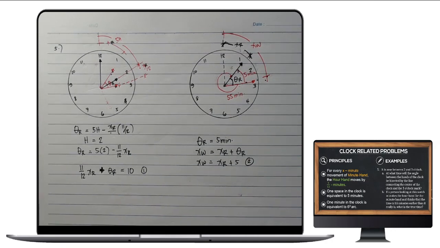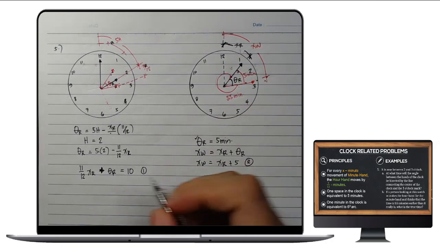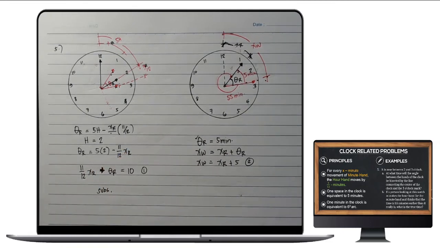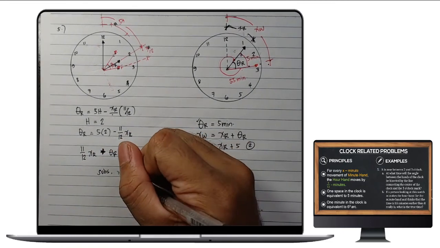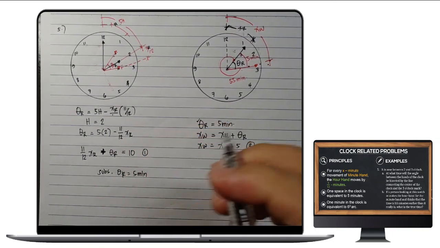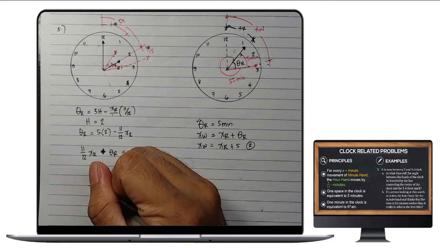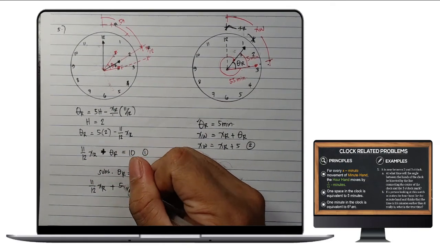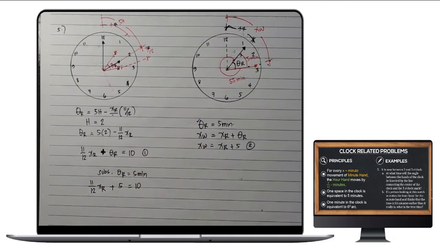Okay, so since we already have theta sub R, so substitute lang natin. So let's substitute theta sub R, which is equal to 5 minutes. So that is 11 over 12 X sub R plus 5 minutes is equal to 10.